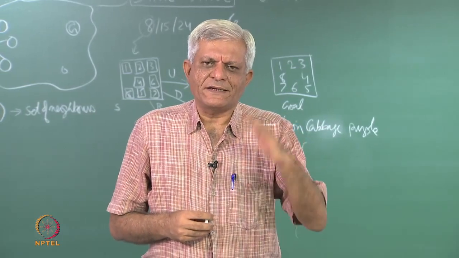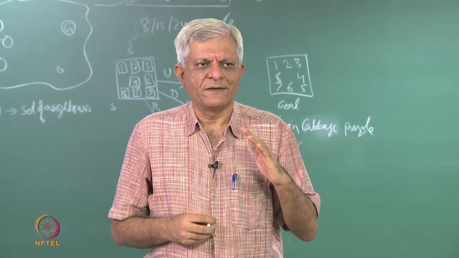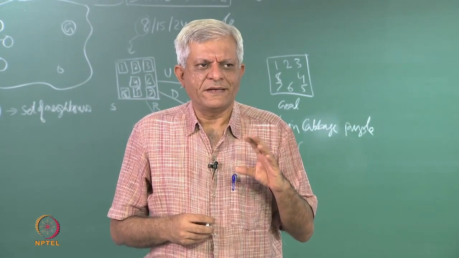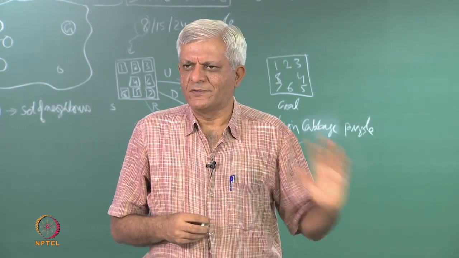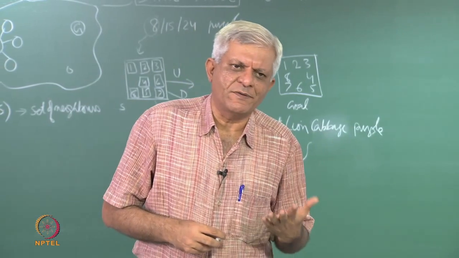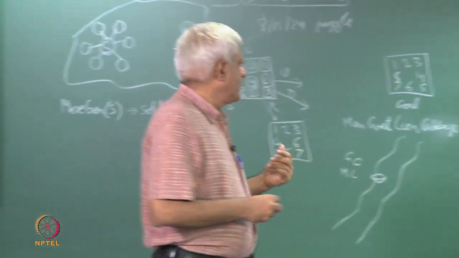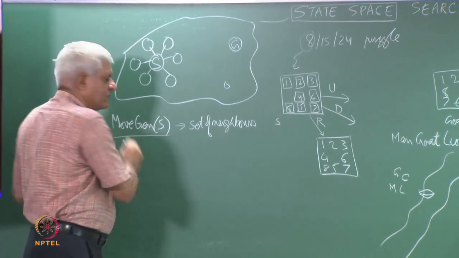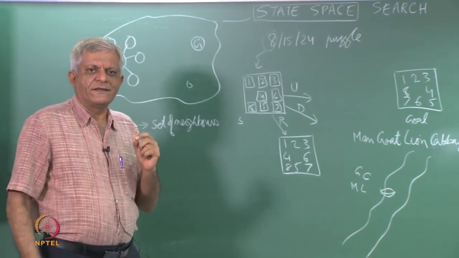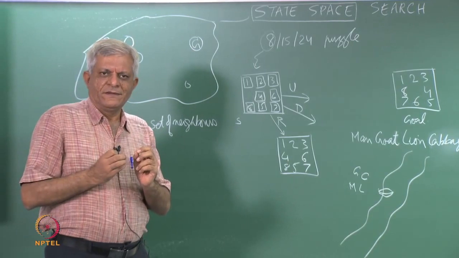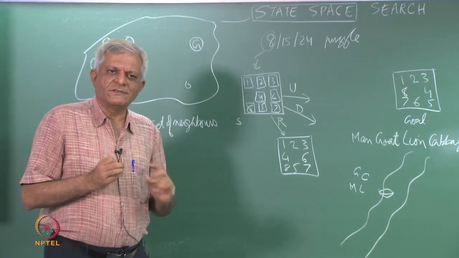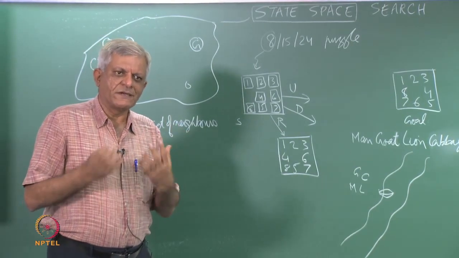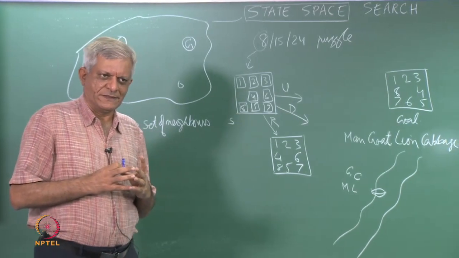If we can abstract away from the domain, then we do not really need to look at the domain. And what do I mean by abstracting away from the domain? In our case, the first thing is to design a move gen function for the domain, which says that given a state, this function should tell me what the neighboring states are, or should return the set of neighboring states to me essentially.